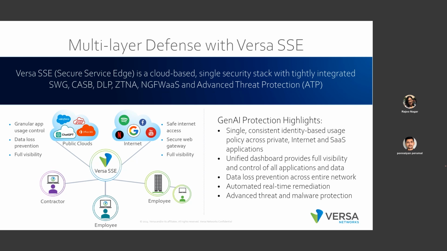So Versa SSE is a single natively integrated SSE stack that delivers this identity-based zero trust access control for cloud, SaaS, internet, and private applications. And it also, of course, includes enterprise-wide data loss prevention and advanced threat protection.